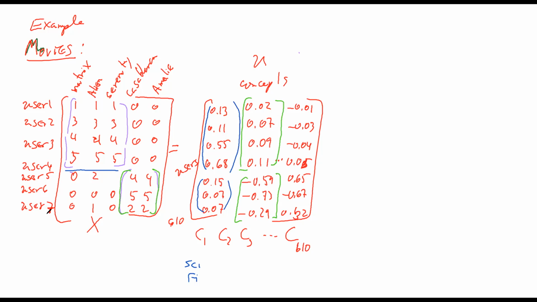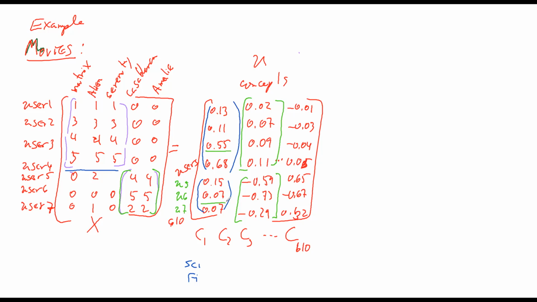So users 5, 6, and 7, which are these, have a very low correlation here in the sci-fi, right? You see their values or not? Like this user and this one, right? They're 0.07 in the sci-fi, whereas the other users are 0.55, 0.68, 0.11, 0.13. They're a little bit higher. So you could say that for sure, this user likes sci-fi more than this one.